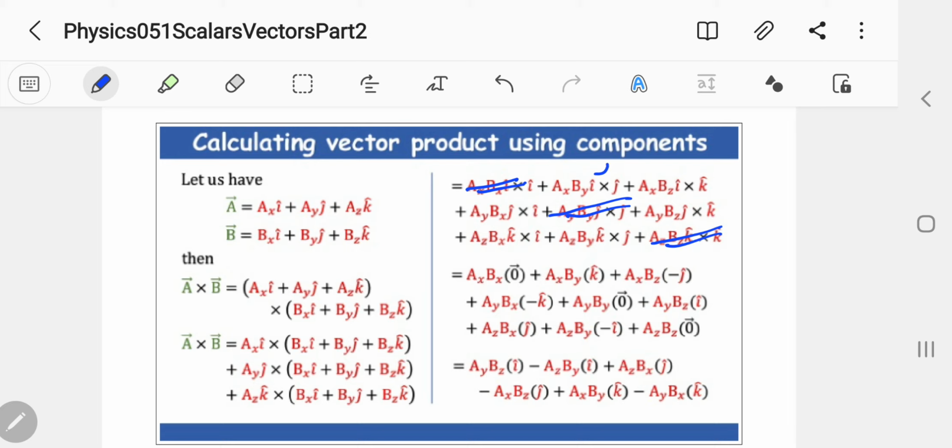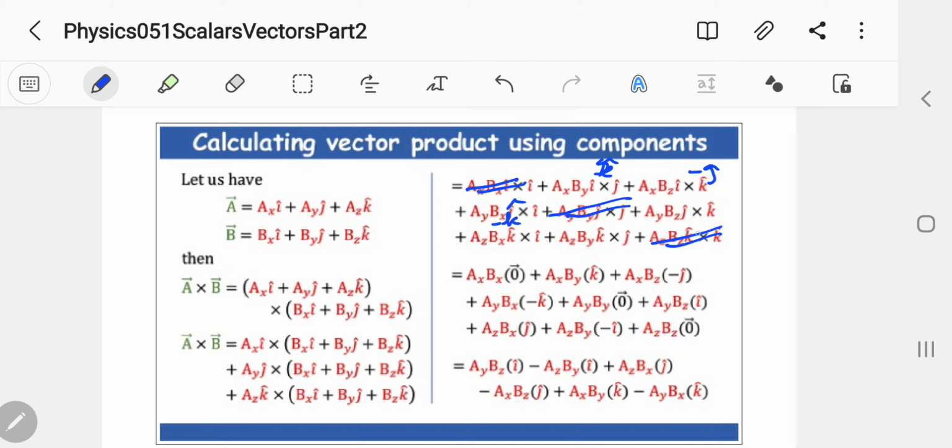i cross j is equal to k. i cross k is equal to negative j. j cross i would be negative k.